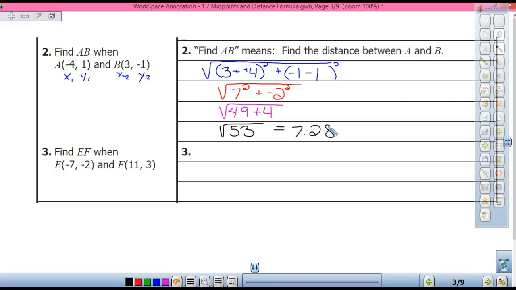Okay, all right. I want everybody to do number 3 right now. I'm going to do it up here. Okay, you're going to check your steps against mine. Make sure it's set up right.